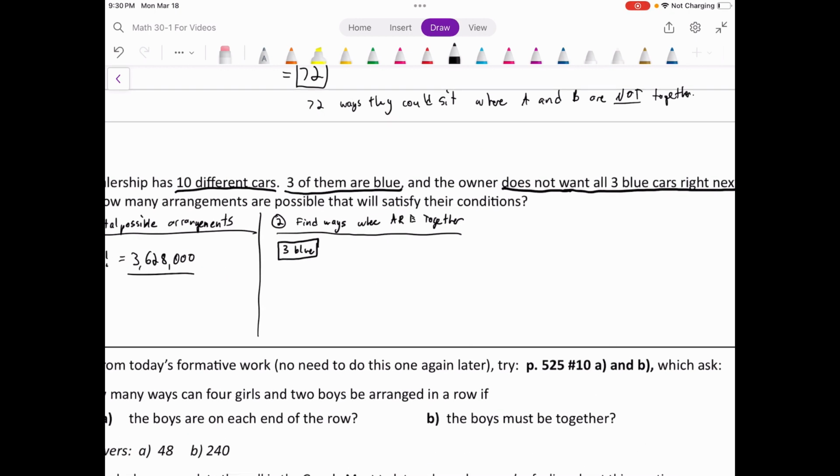And then how many are left? There's 7 other cars. So how many cars is this kind of like, right? If these must be stuck together as one quote-unquote car, we've got 1 here, 7 here. So it's like there's 8 objects to arrange, right? It's like there are 8 things, 8 objects.